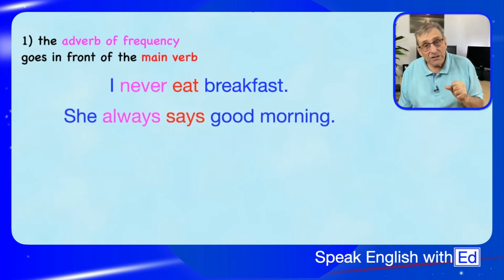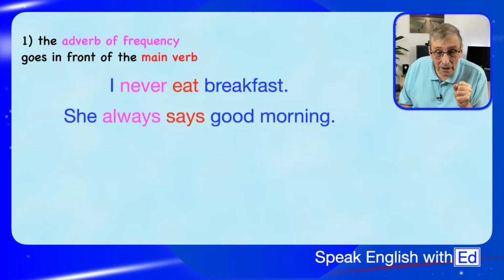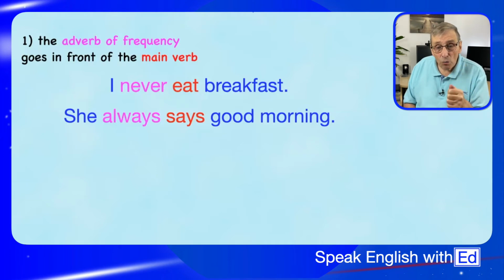Now, a couple of other sentences just to get the hang of it. She always says good morning. Remember, the pink word is the adverb of frequency, and the orange word is the main verb. Okay, so this comes in the correct order to conform to this rule.